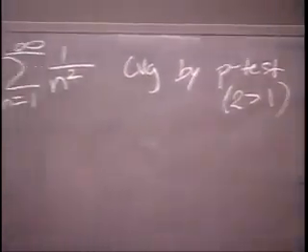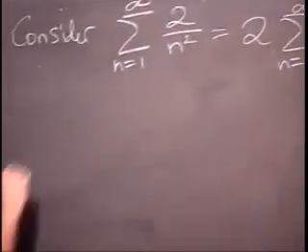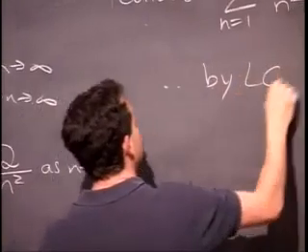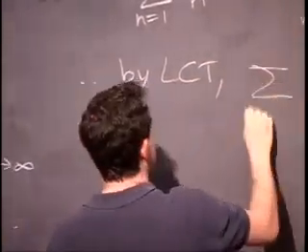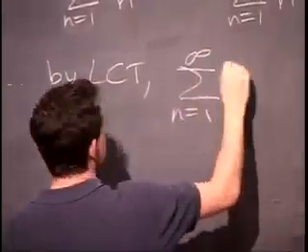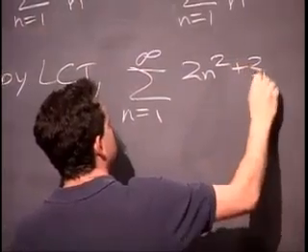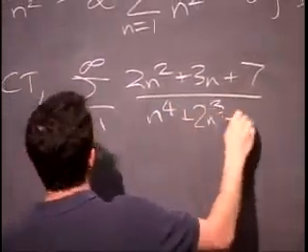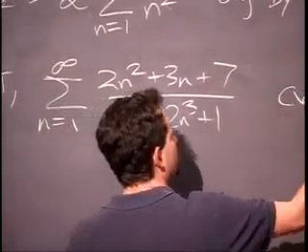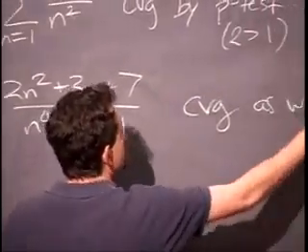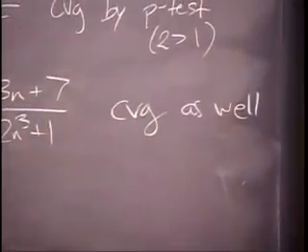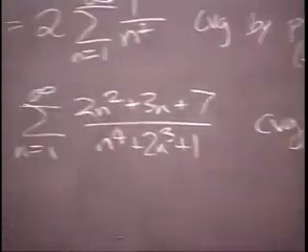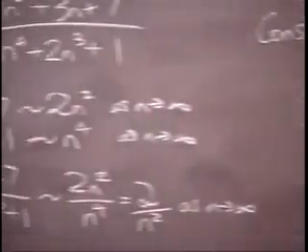Therefore, by the limit comparison test, the original series converges as well. That's the whole solution, although, as I say, I would like to see a couple of limits to justify those two, and then this one will follow.